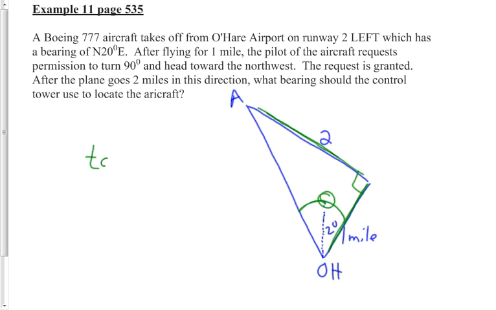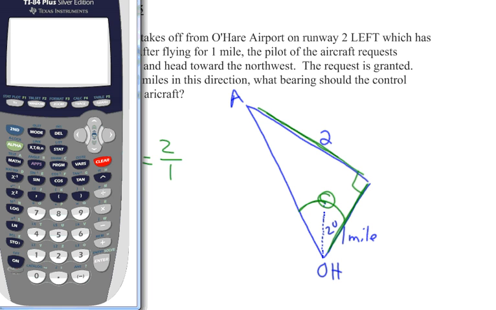We'll say tangent of theta is equal to opposite, which is 2, over adjacent, which is 1. Now we're looking for the angle, so you're going to use your inverse tangent. So inverse tangent of 2 over 1, or just 2, and I'm going to get 63.4 degrees.